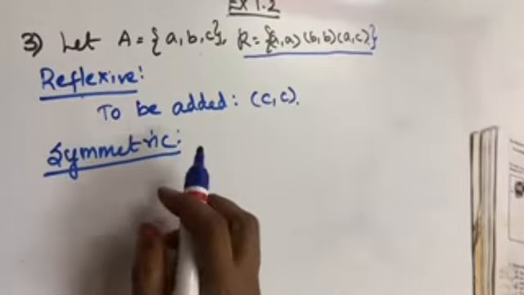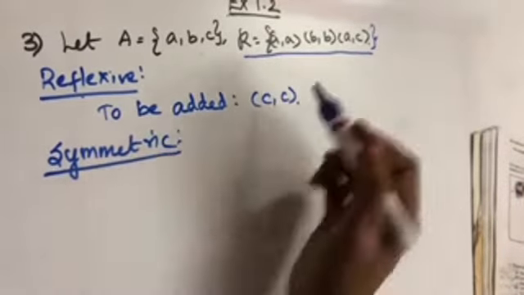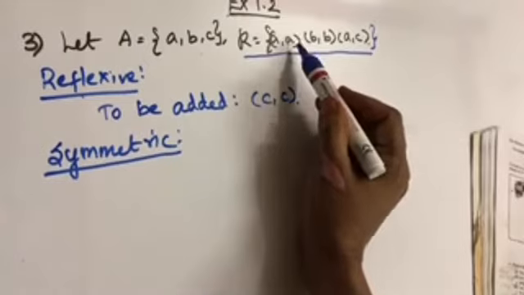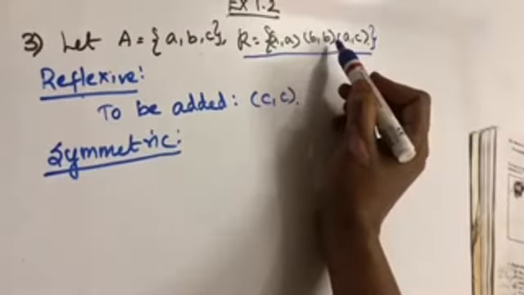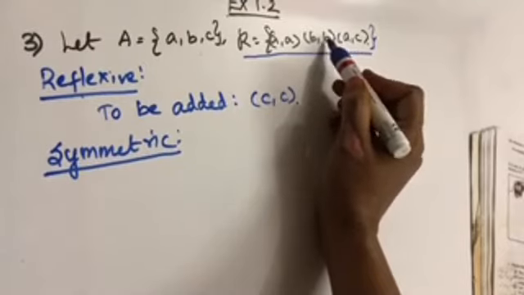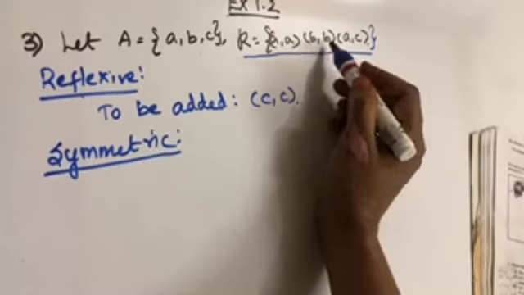So here for the symmetric relation, A is related to A, and again A is related to A in the reverse. Similarly, B is related to B, again B is related to B in the reverse also.